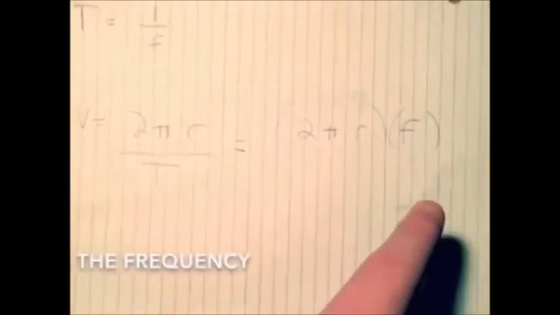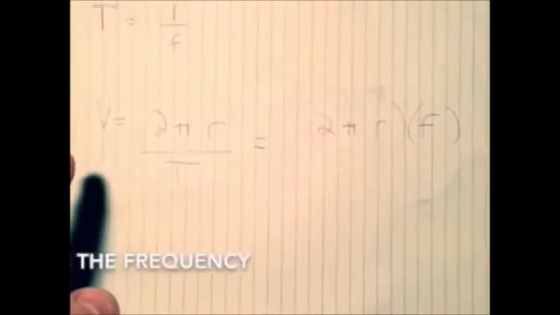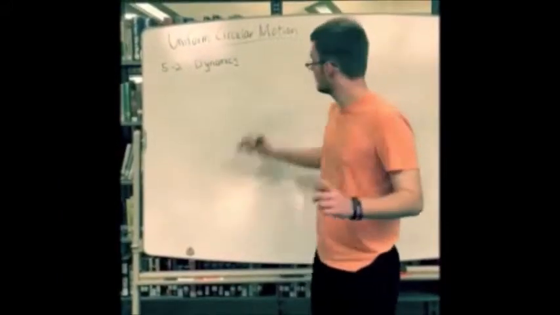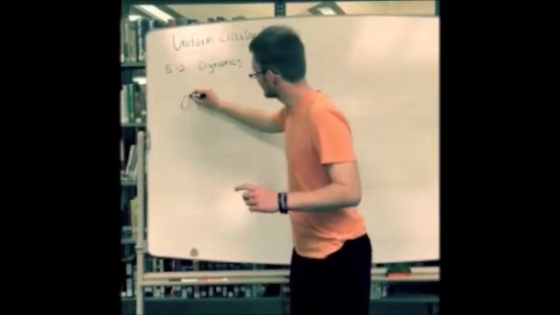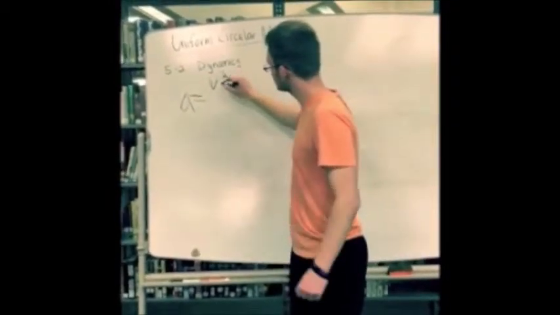So another way to look at it is 2 pi r times the frequency will give you the velocity.